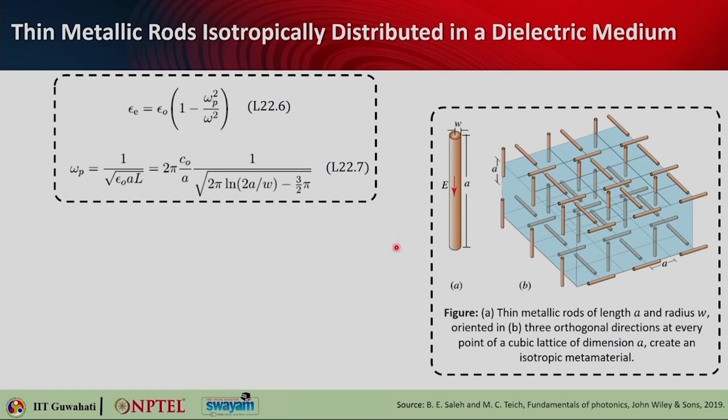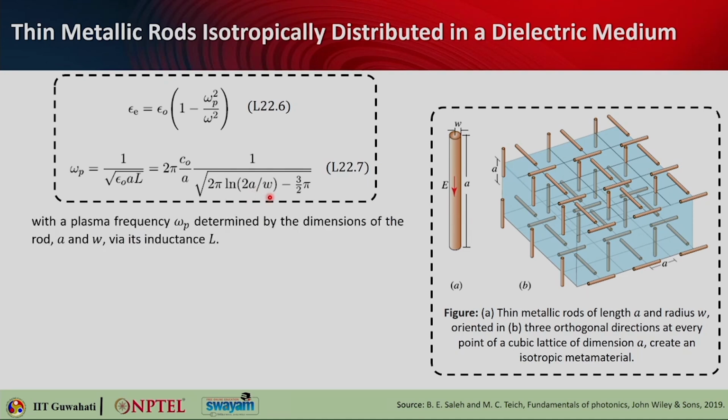So, you are basically using a metallic rod, but the property of the metal here does not play a significant role. What plays a significant role is the A and L, that is the physical structure of this meta atom, and that is why this field of metamaterials gives you infinite possibility, right.